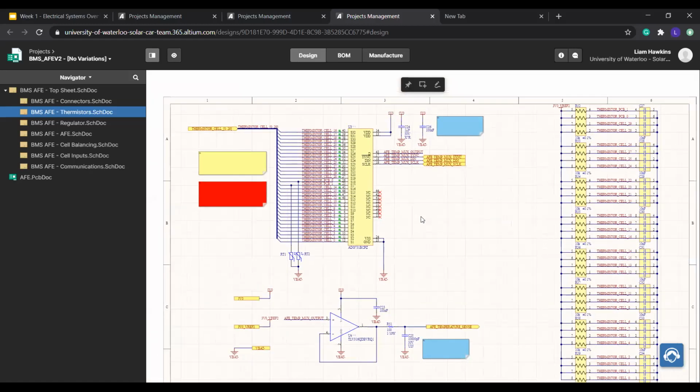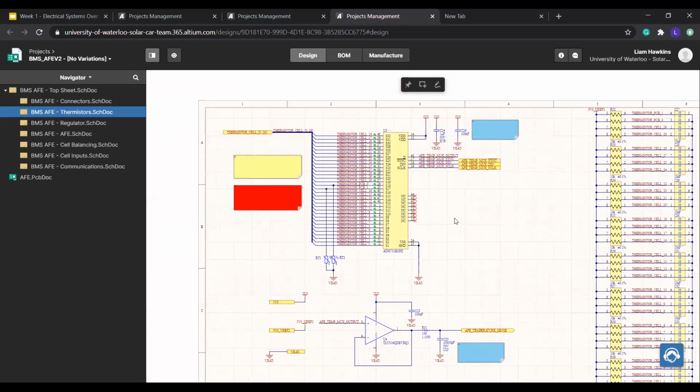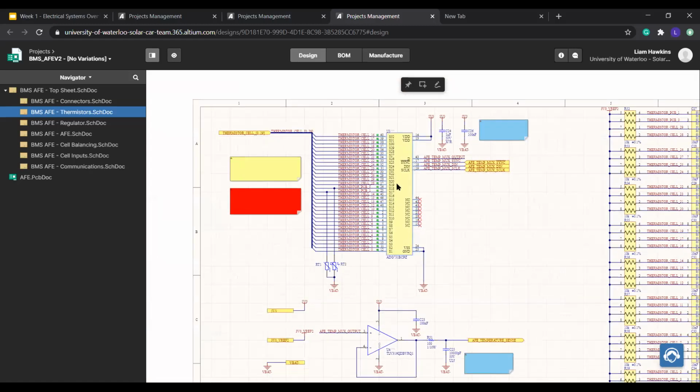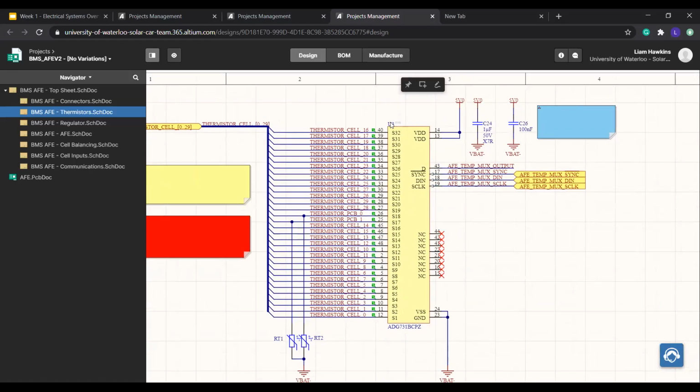Because there are not 32 GPIOs on the LTC6811, they need to be multiplexed. So a multiplexer basically just takes a lot of inputs or outputs and switches them to one input or output. So in this case, we have a lot of inputs, like 32 inputs, and they can be controlled through SPI to select one of them and pass it to the output.